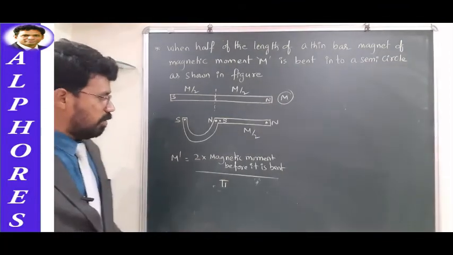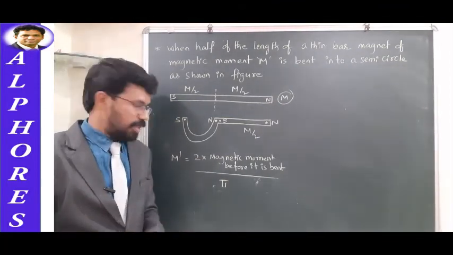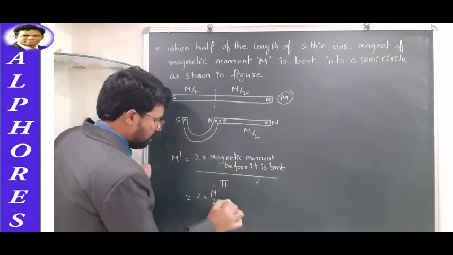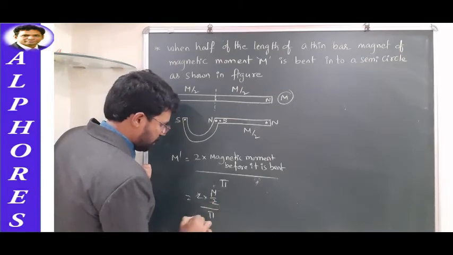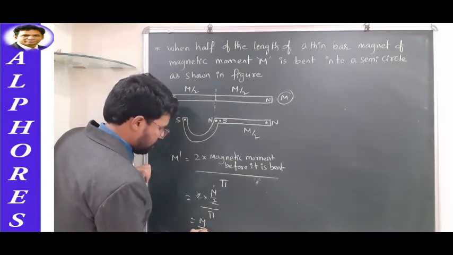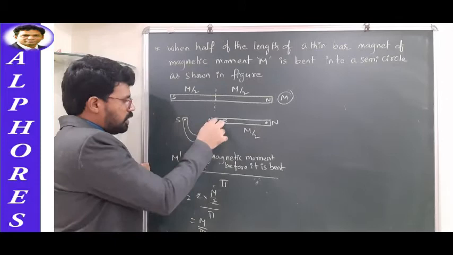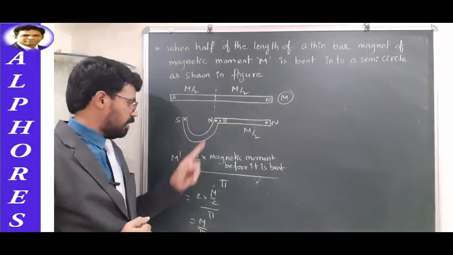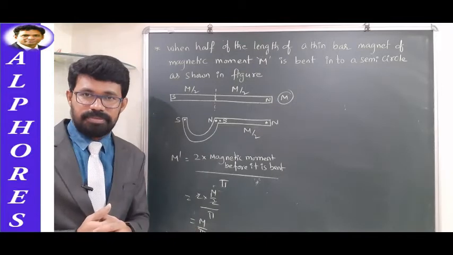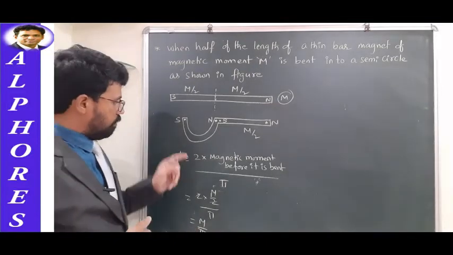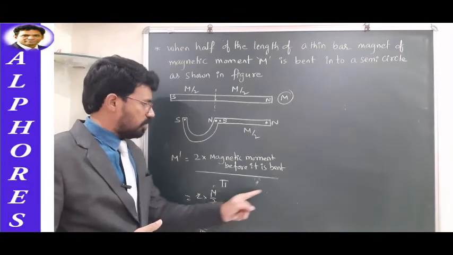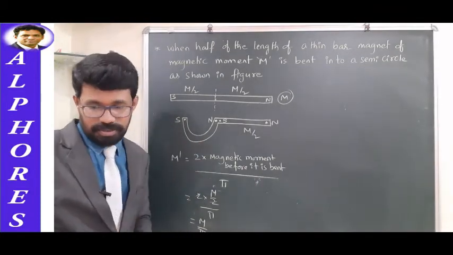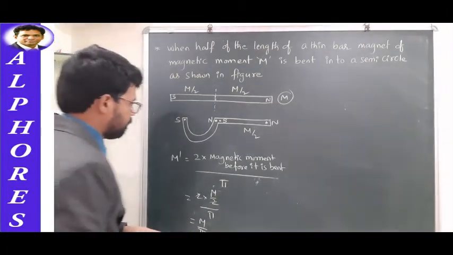So you will have 2 into m by 2 by pi. The 2 gets cancelled, so the magnetic moment is m by pi. So this semicircle shaped part of the magnet has magnetic moment equal to m by pi. If you are not able to recollect this equation, you can use other ways of handling this. I'll tell you that as well.